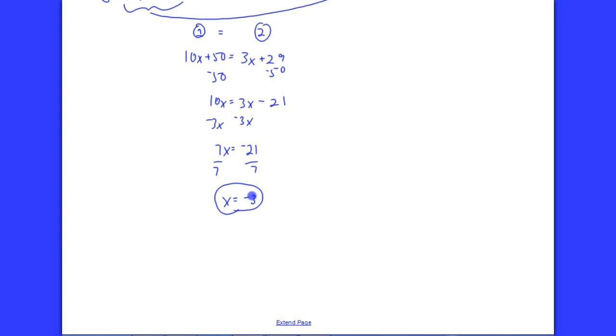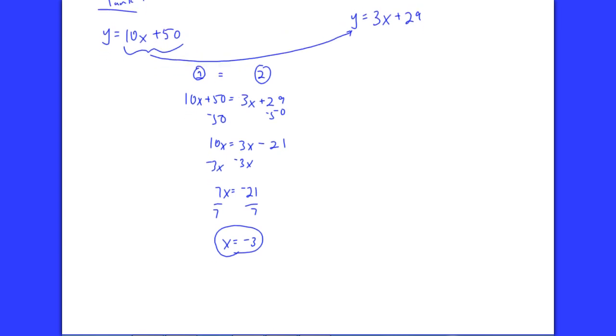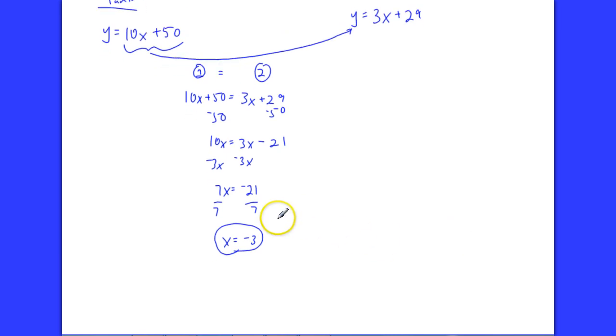If x is negative 3, now we could go ahead and substitute that back in and solve, but something should be going off in our head that something is not right here. Let's substitute it back into 10x plus 50. If y is equal to 10 times negative 3 plus 50, we get y is equal to negative 30 plus 50, so y is equal to 20.